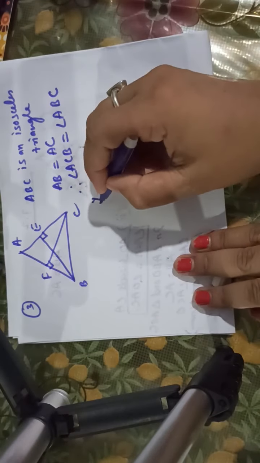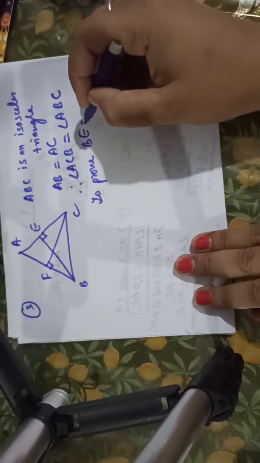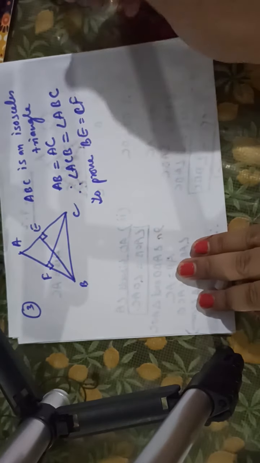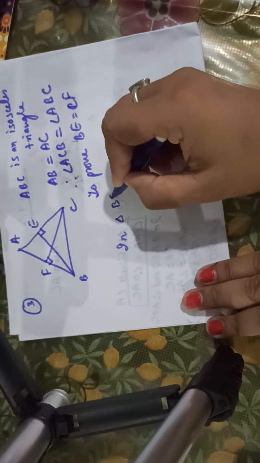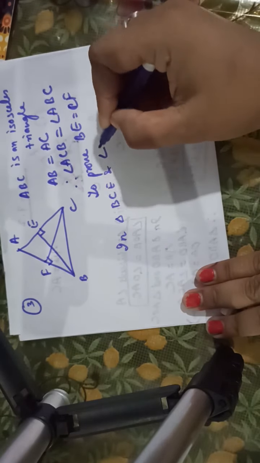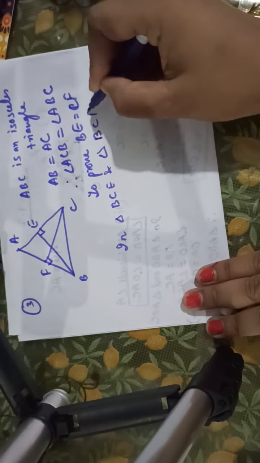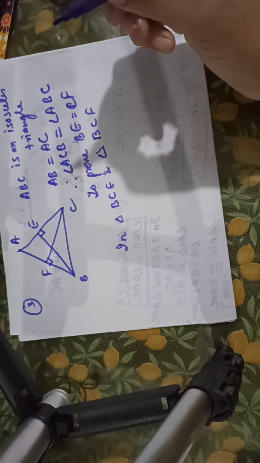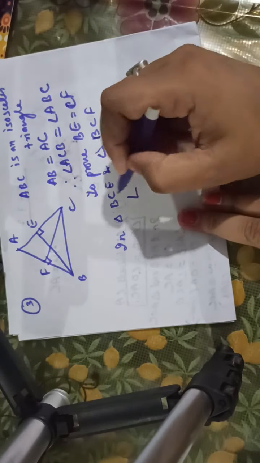And what we need to prove is that altitude BE is equal to altitude CF. Okay, so let me focus on triangle BCE and triangle BCF.